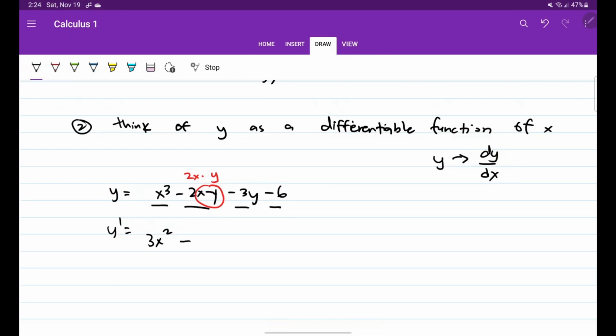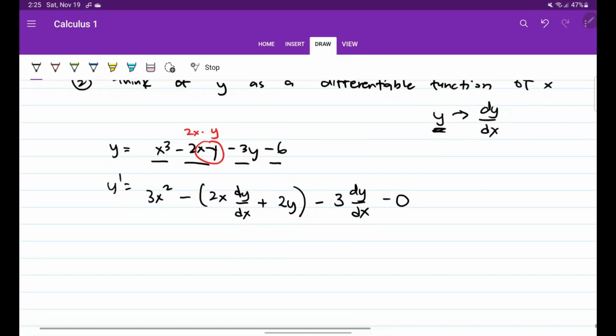Tama? So, kunin natin yung derivative. So, this is product rule. So, minus 2x, tas derivative ng y is dy over dx. Plus, derivative ng 2x is just 2 times copy natin yung right side which is just y. Okay? Minus, derivative ng 3y is just 3 dy over dx. No? So, pag nakakita kayo ng y, derivative niya is dy over dx. Minus 6, so that is minus 0.